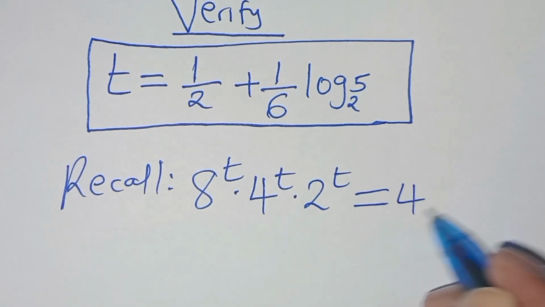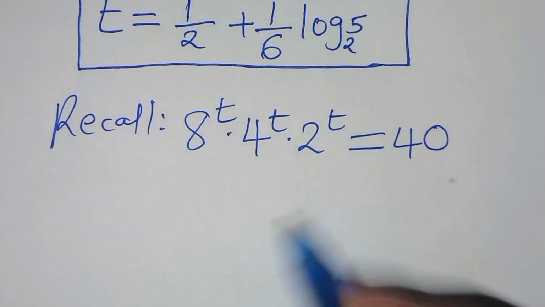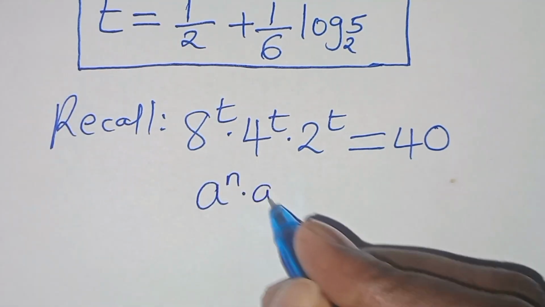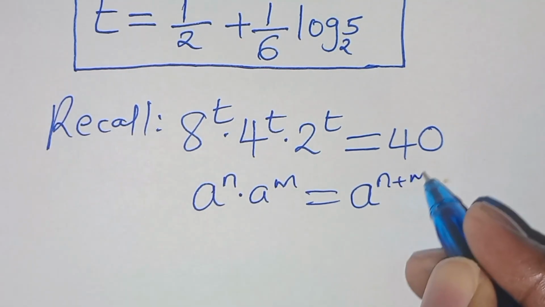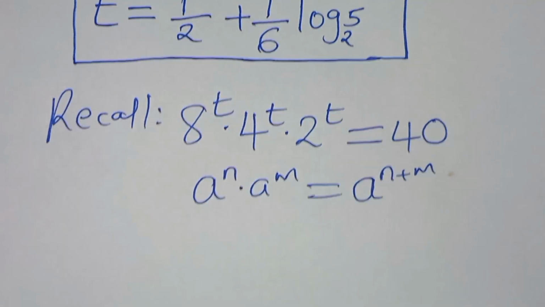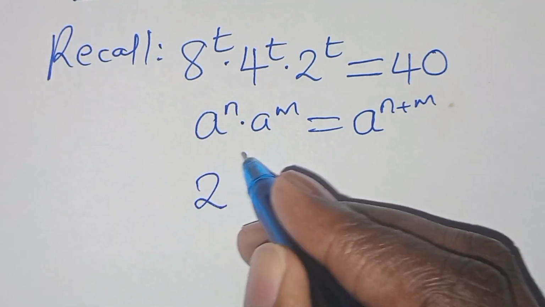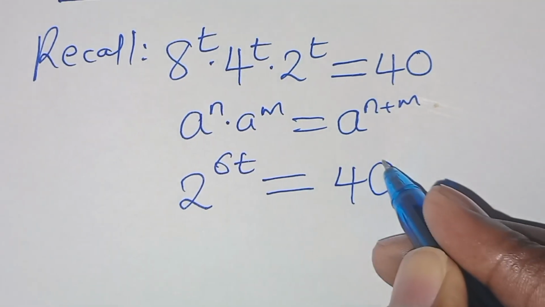This is supposed to give us a value of 40. Now, this is in the form of 8 to power n times 8 to power m, which we can express as 8 to power n plus m. Now, we simplify this further to 2 to power 6t. This is supposed to give us a value of 40.